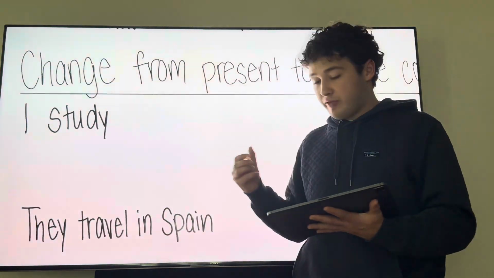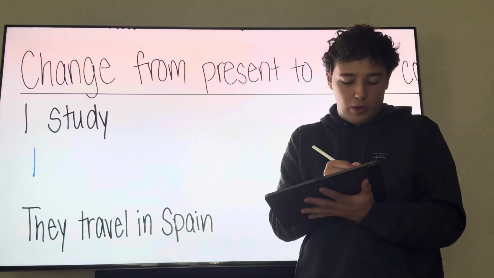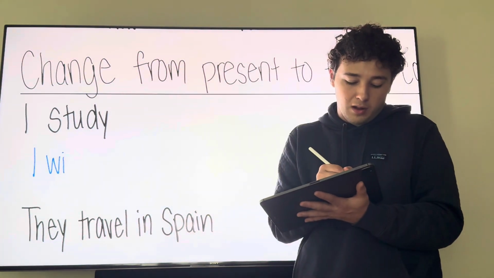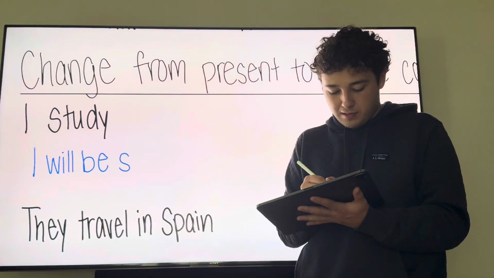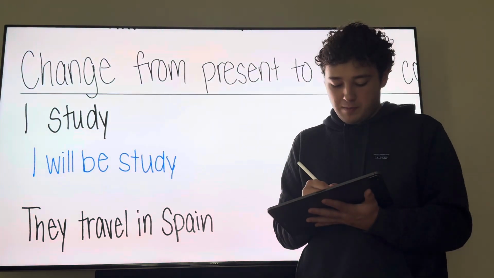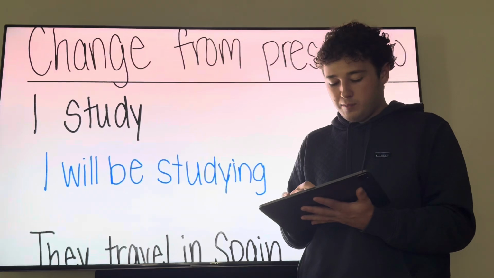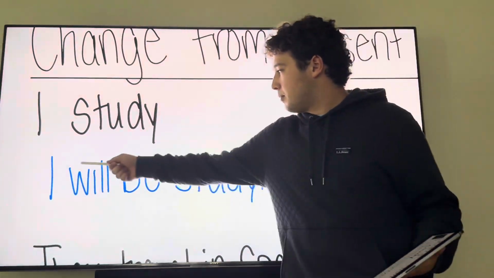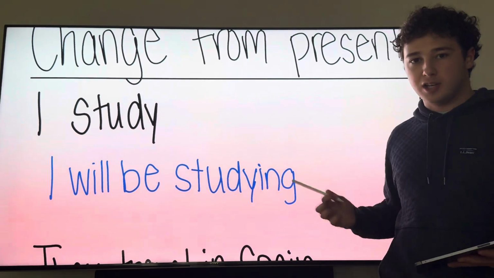So, how do we form? Take the pronoun I, add will be, add the verb, and then add ing. To form, I will be studying. Pronoun, will be, verb, ing.